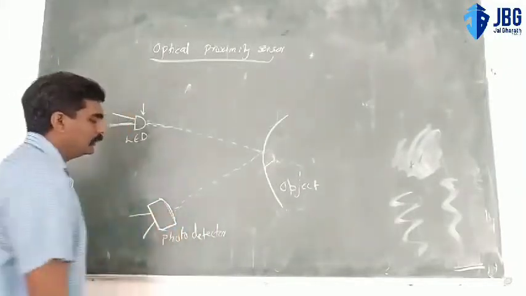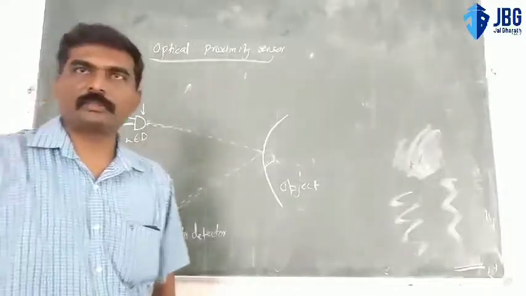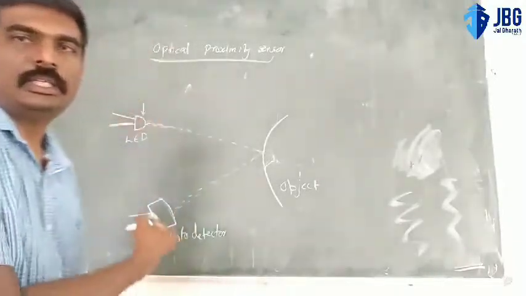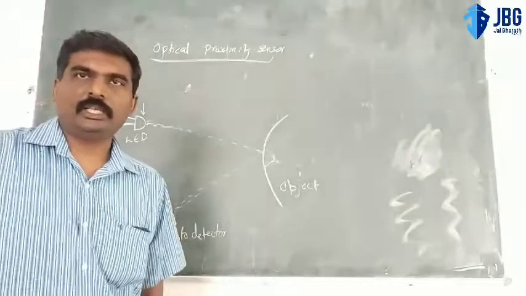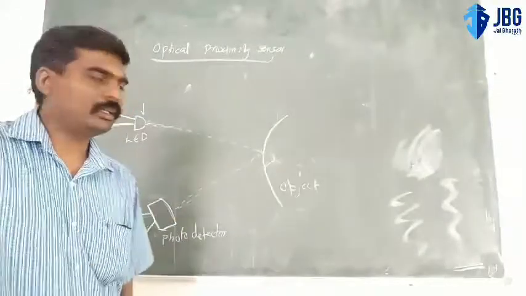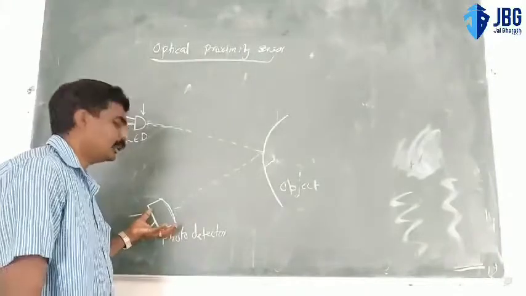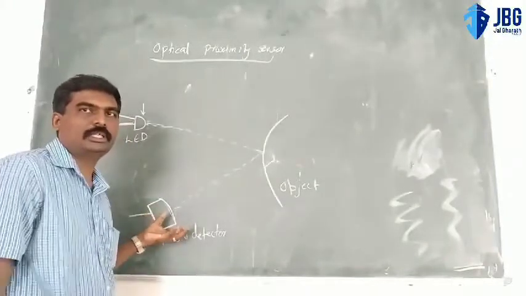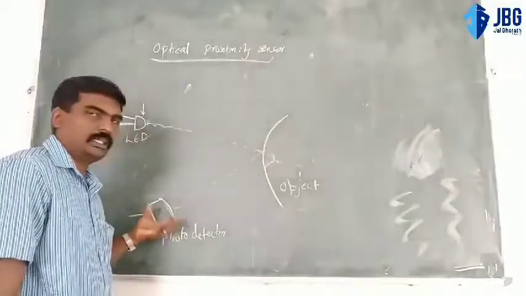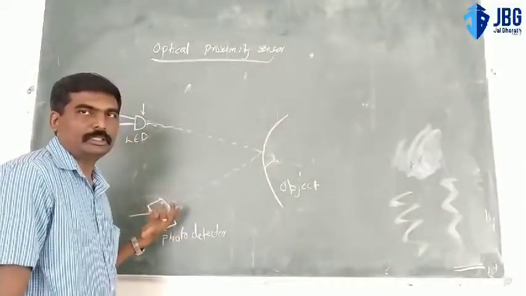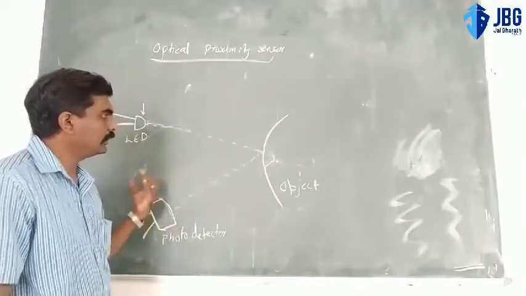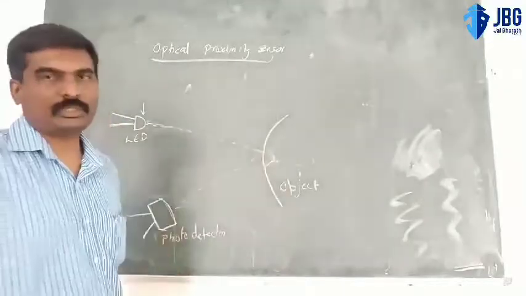The photo detector will detect the reflections, and if the photo detector receives any light, it can convert it to electrical energy, right? So that we can detect the presence of an object.